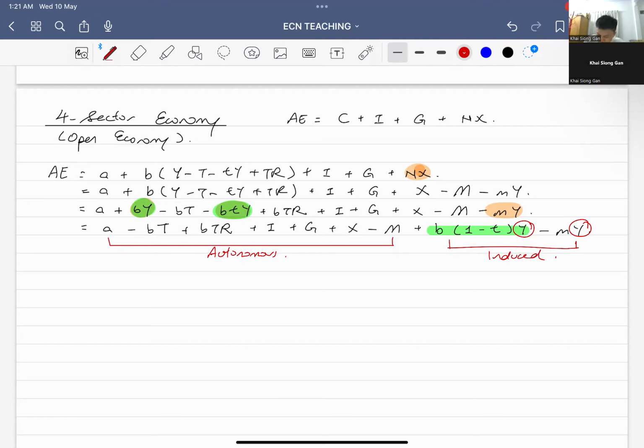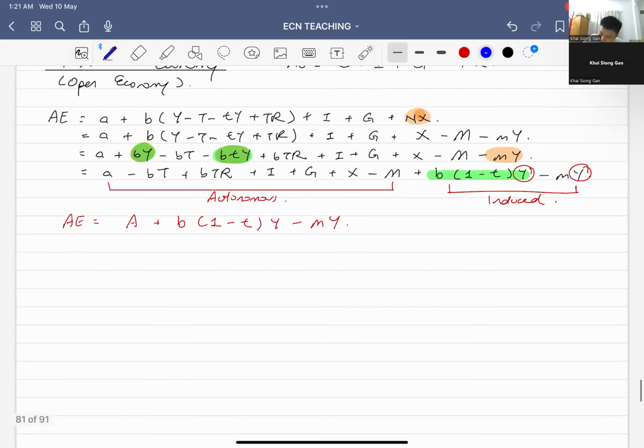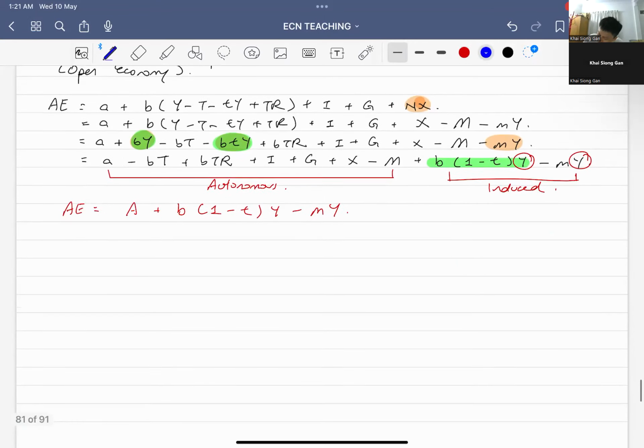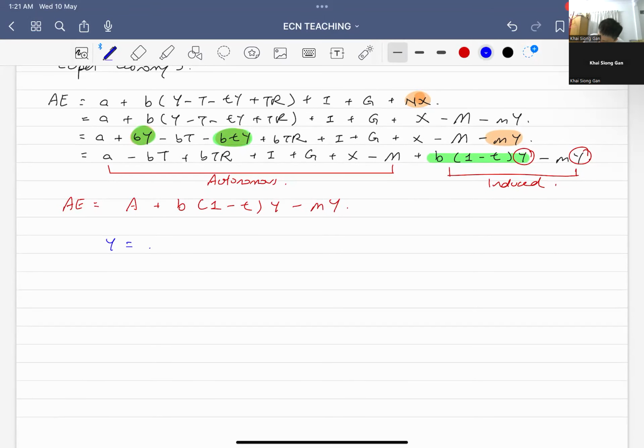Okay, so now what we can do next is rewrite it into AE equals A plus b, bracket 1 minus t, Y minus mY. Now, doing the same again like what we did just now to form the multiplier equation. Sorry, so Y equals aggregate expenditure. So Y equals big capital letter A plus b, 1 minus t in bracket, Y minus mY.